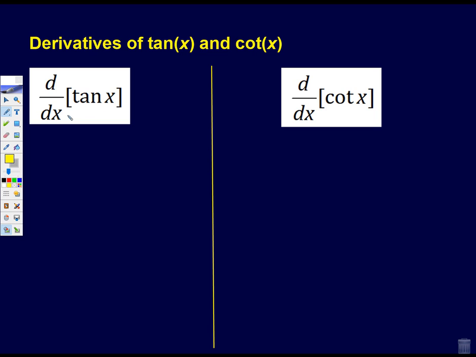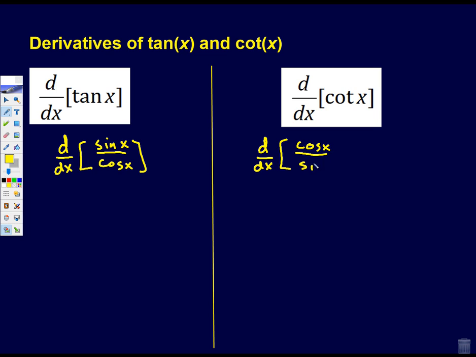So another way to say that we want the derivative of the tangent x function is to say that I want the derivative of the expression sine x over cosine x. And just similarly, I can also state the problem on the right as I want the derivative of the quotient cosine x over sine x.